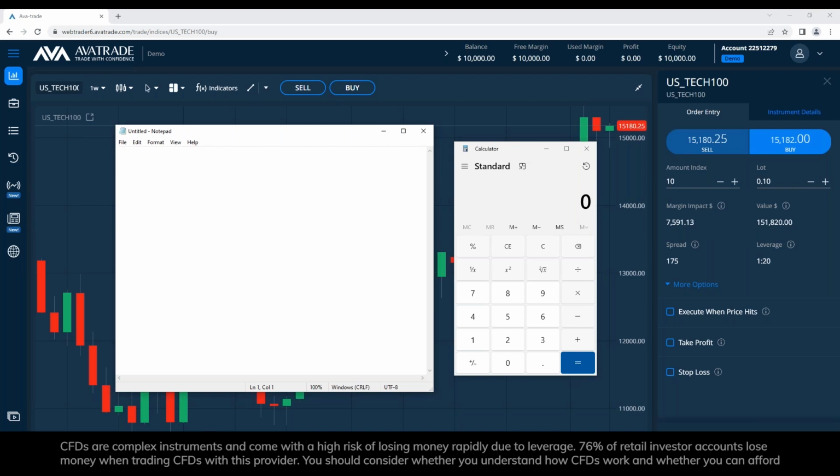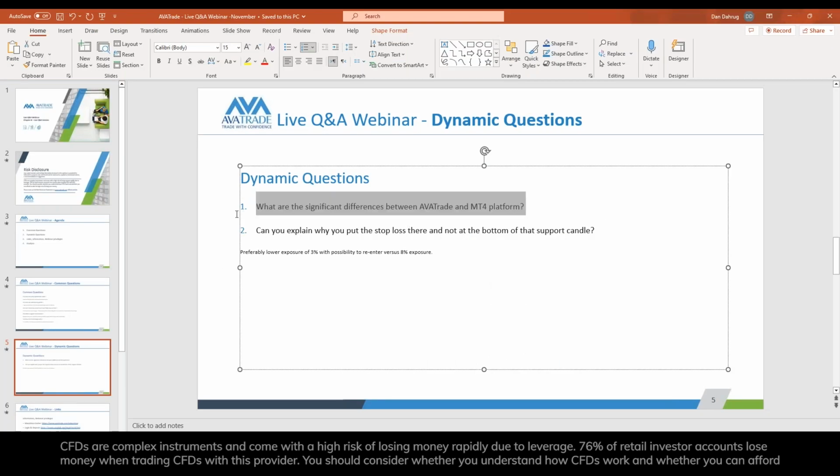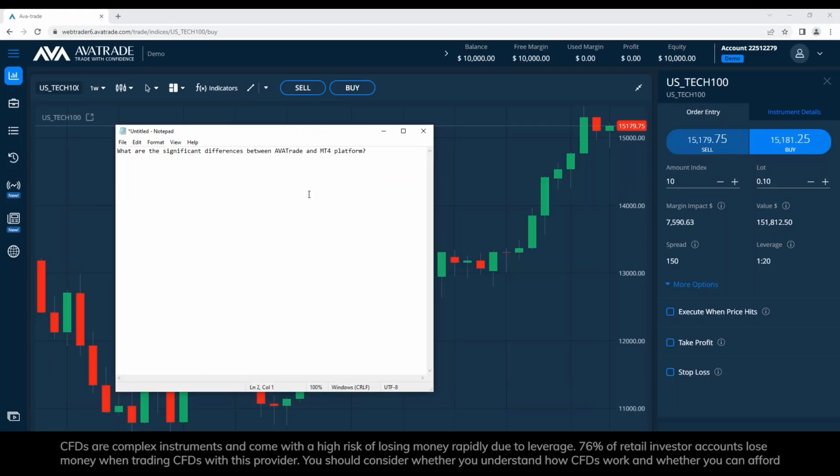The question that we have left by Mr. or Mrs. who asked about the differences, let me just quickly show you that. So one of the differences, the platform calculates margin impact, leverage and value, which MT4 doesn't.